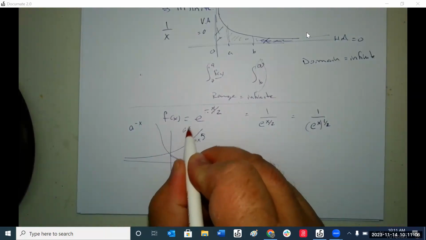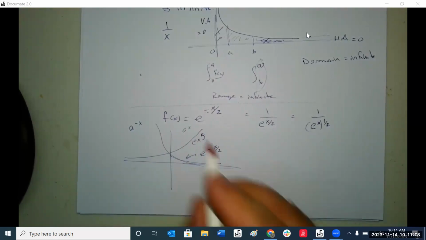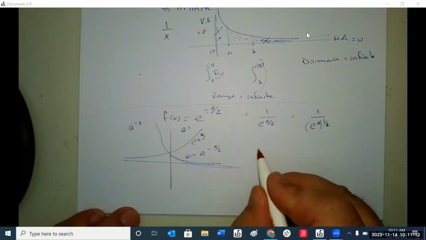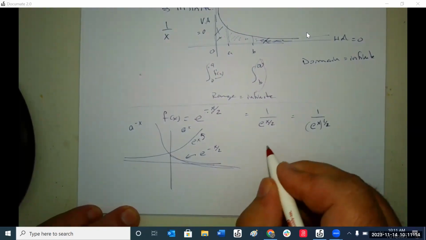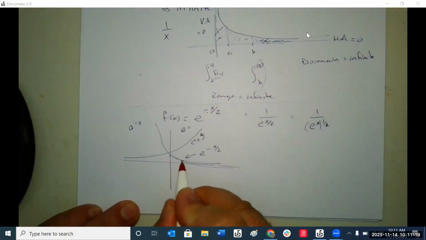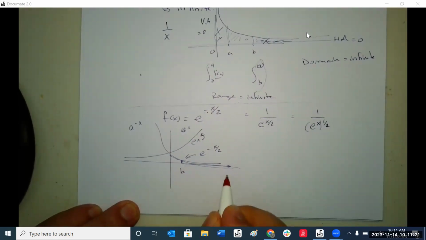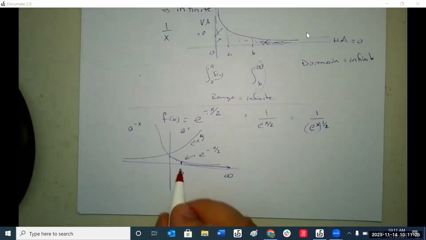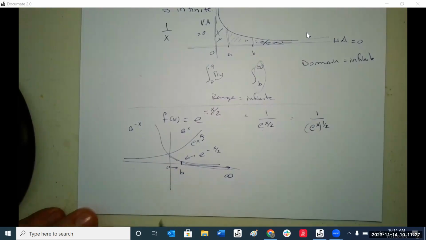If your exponent is positive, it's an increasing function. So we're looking at from some value b all the way to infinity. And then we'll also look at from 0 to b.